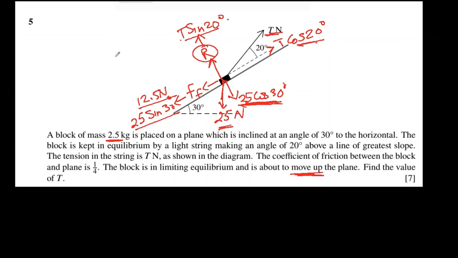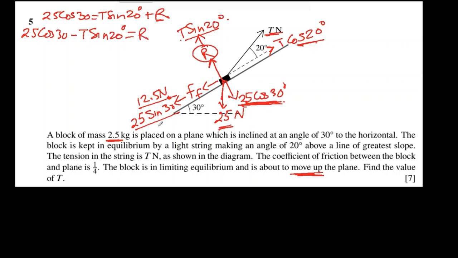So let's find R before doing anything else. 25 cos 30, which is the y component downwards, will be equal to T sine 20 plus R. So R is 25 cos 30 minus T sine 20 degrees. This will be used as normal contact force.